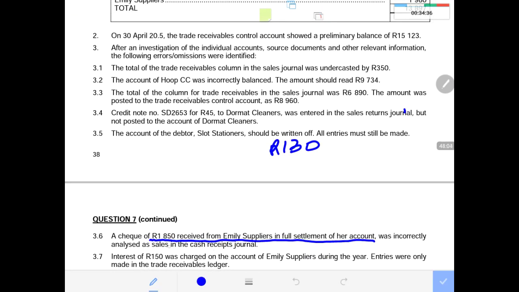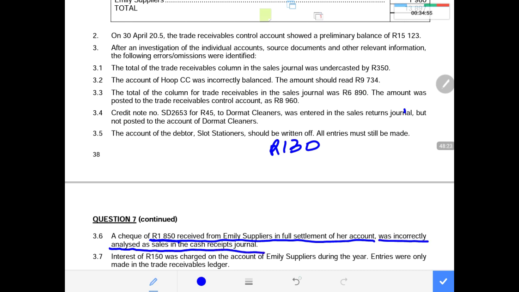At the point of the receipt of cash, this is how the transaction would have been recorded. So we received 1,850 in full settlement of the account, and we had a paper called a check from this customer, and it was incorrectly analyzed as sales in the cash receipt journal.